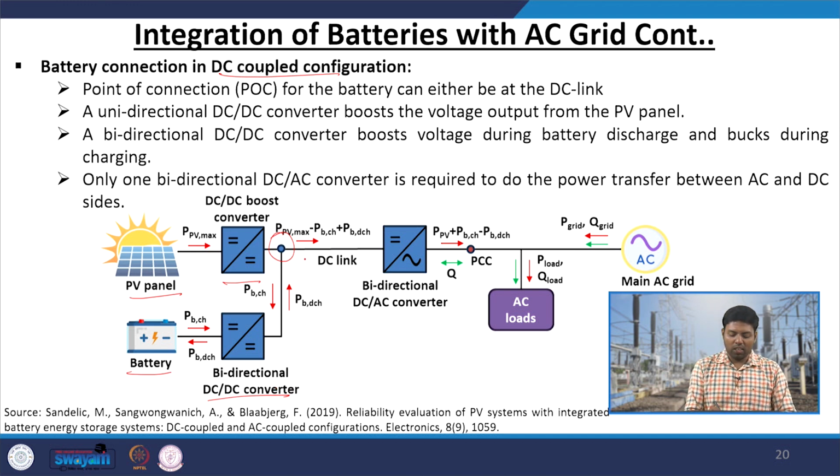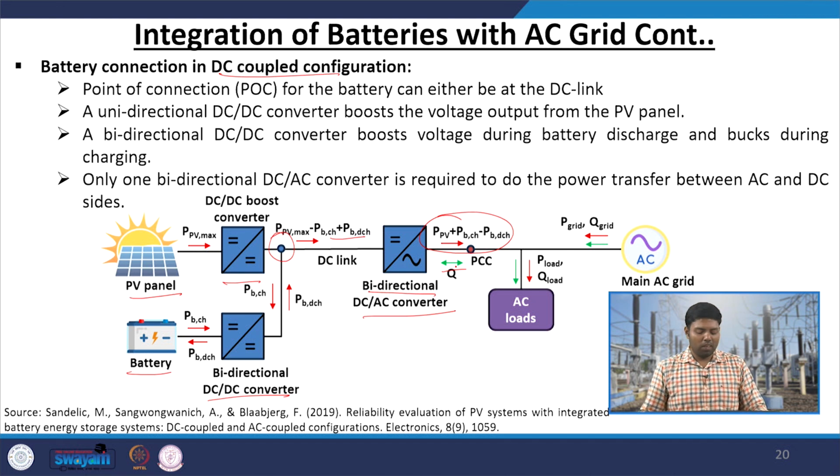Both are connected at the DC link, and the net amount of active power you get is at the DC link. Then it is converted to AC power with the help of a bidirectional DC-AC converter, which is responsible for giving the net active power and your required reactive power supply to the AC loads. So, that is the connection for a DC coupled configuration.